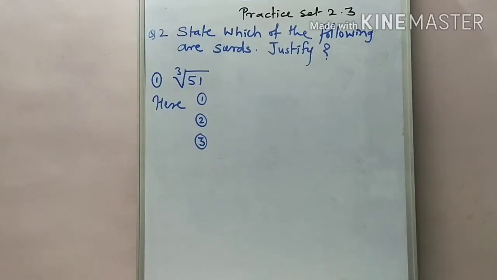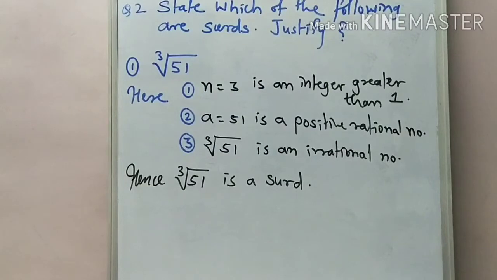A surd. Like this we justify our answer: first, n equals 3, which is an integer greater than 1; the value of a, 51, is a positive rational number; and the whole value is an irrational number, and hence the given number is a surd.